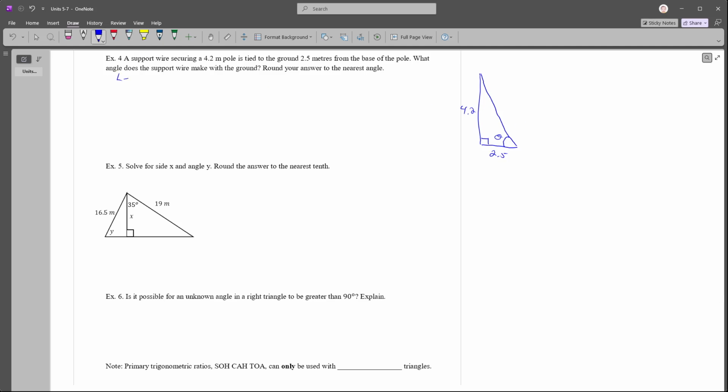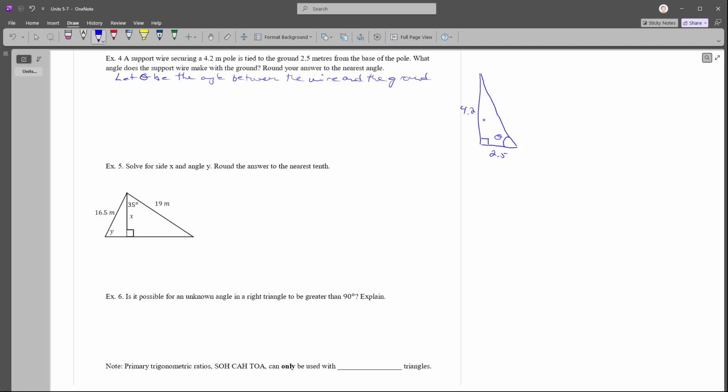So let's say let theta be the angle between the wire and the ground. Okay, so we got to look at what we know relative to this angle.